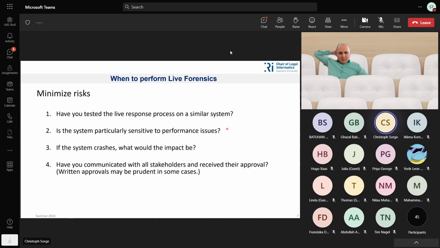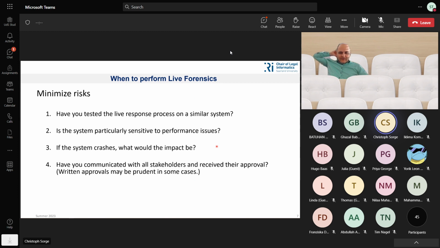You might want to consider performance issues. If it's an online shop server and the entire company will go bankrupt if the server fails, slightly exaggerating, then yeah, it's an issue you have to take into account, because running forensic tools might degrade the performance. For the same reason, you should think about potential system crashes. And there is the nice acronym of CYA.